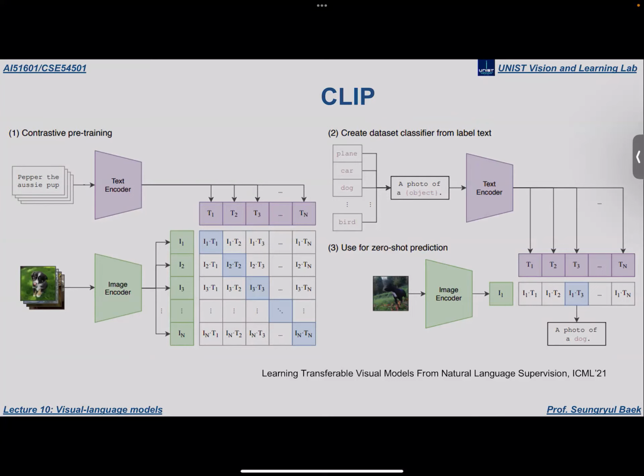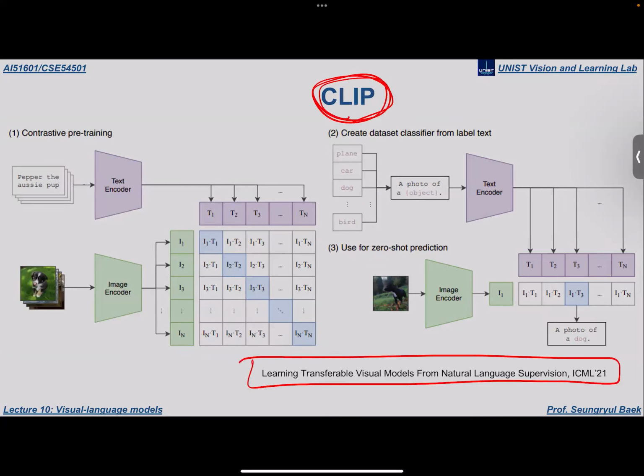For example, CLIP is quite a sensational paper in the vision domain. When you are interested, please refer to this paper for details. I will explain only the high-level concepts. I think the most important part of CLIP is that it can achieve zero-shot prediction, okay?